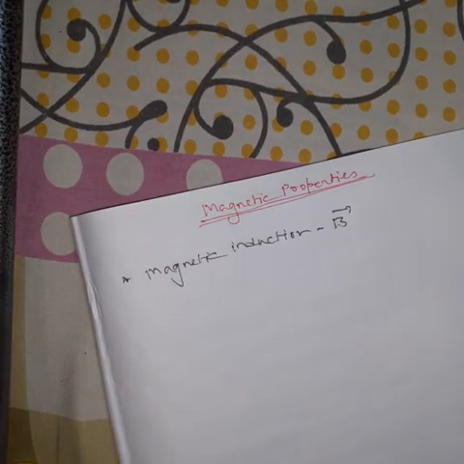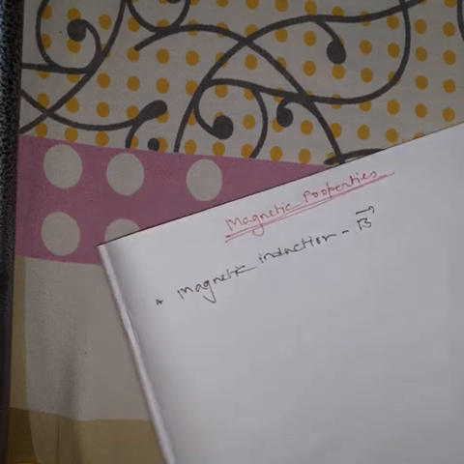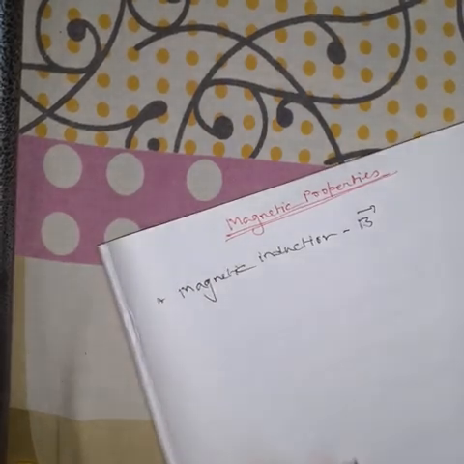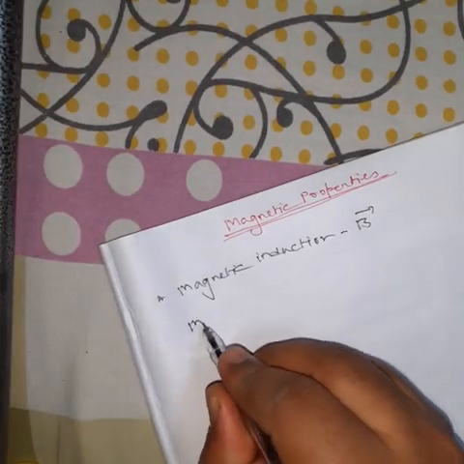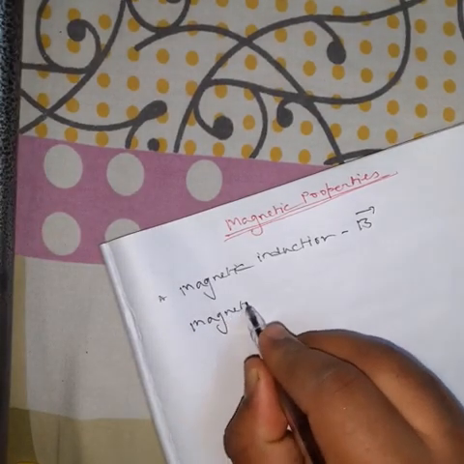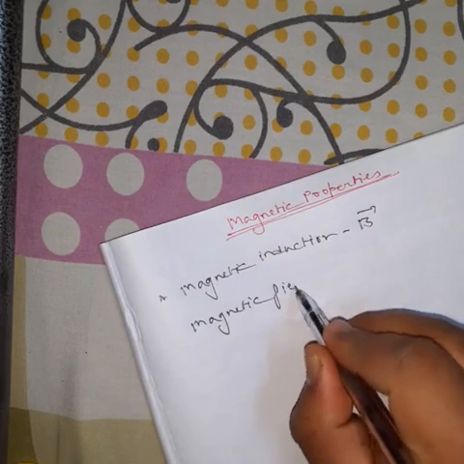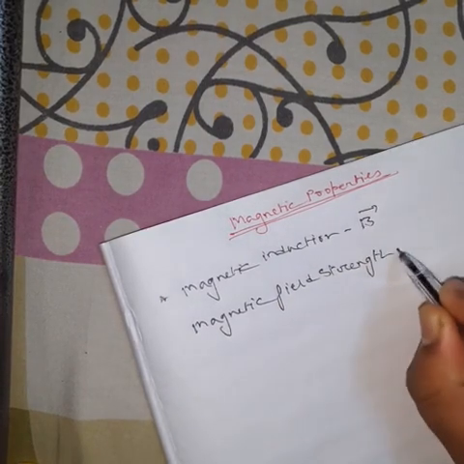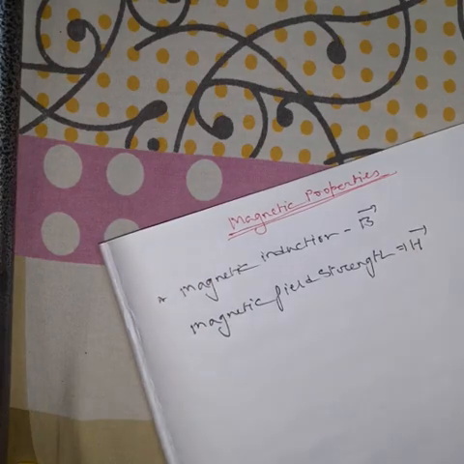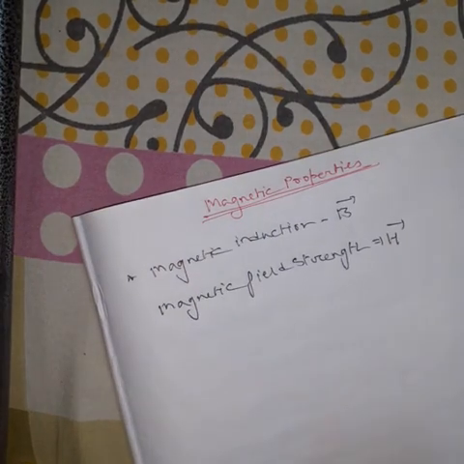And there is something called H, which is the magnetic field intensity or magnetic field strength. This is denoted by H, and they are not the same.